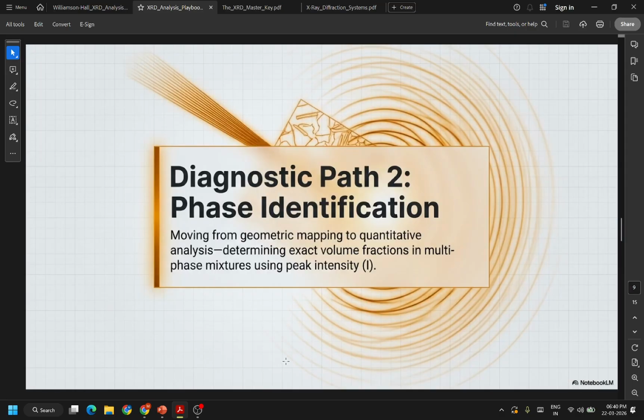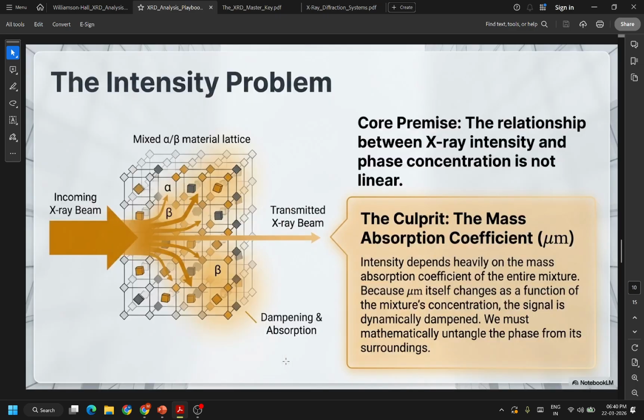So now we move to phase identification. From geometrical mapping we are moving to quantitative analysis. So, the intensity problem. The core premise is that the relationship between X-ray intensity and phase concentration is not linear, and the culprit for that is the mass absorption coefficient.